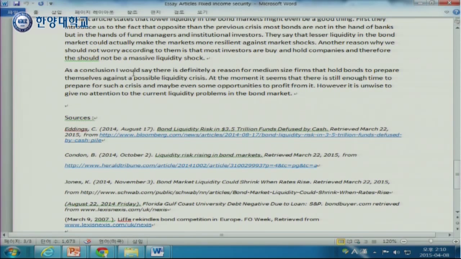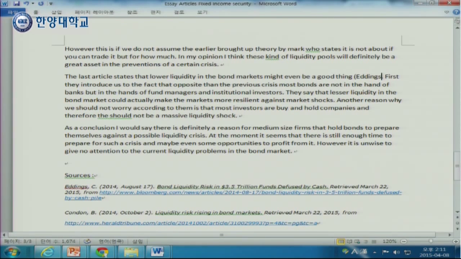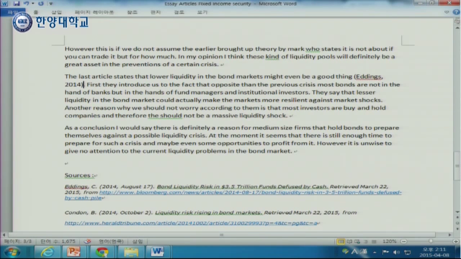So suppose you make this argument, and if it is from Addings, you have to write down something like this: Addings 2014. So your sources can appear here only when they are mentioned in the body of the text like this.